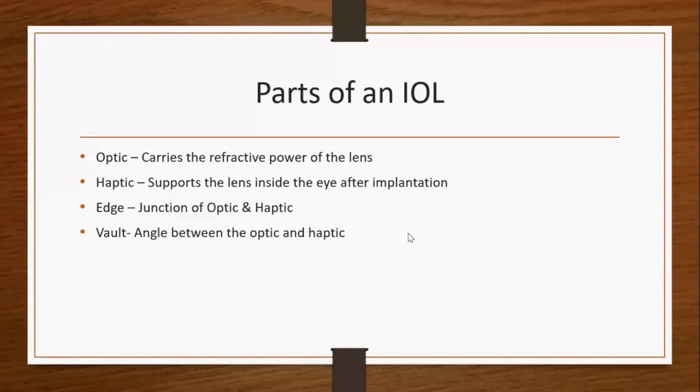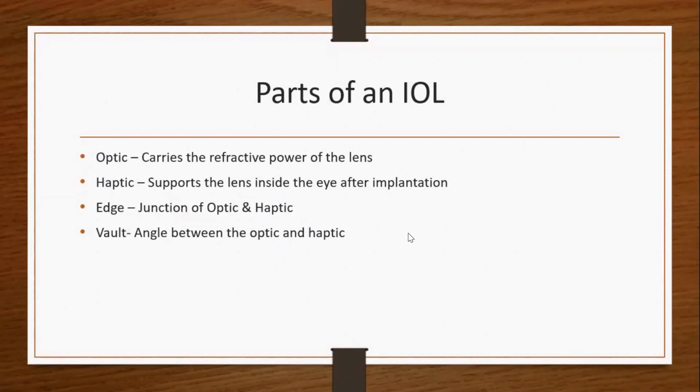That will stop the migration of the epithelial cells, which mostly ends up as PCO. So most of the lenses come with the square edge or the sharp edge so that the lens epithelial cells will not migrate posterior to the IOL, which would result in PCO.